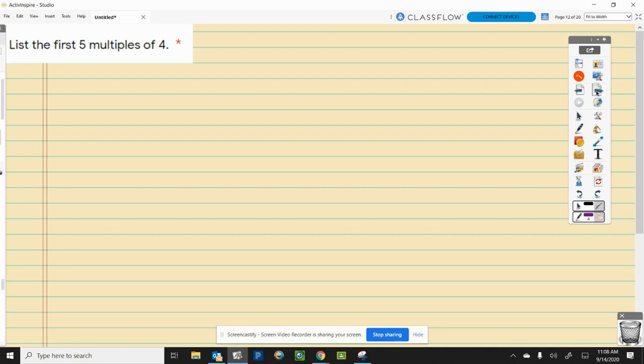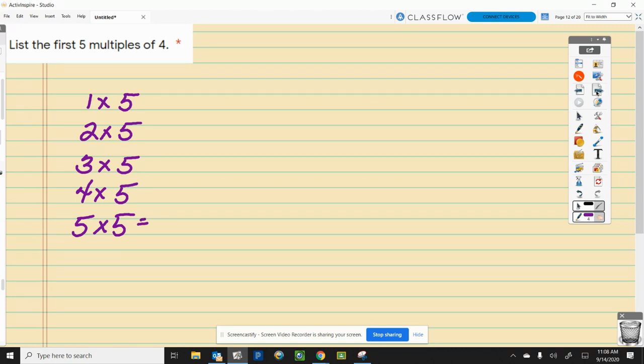So what I want to do is I want to find out what is 1 times 5, 2 times 5, 3 times 5, 4 times 5, 5 times 5. Now, the products that I get from these equations, they will all be the multiples of the 5 because that's the number that I use each time.